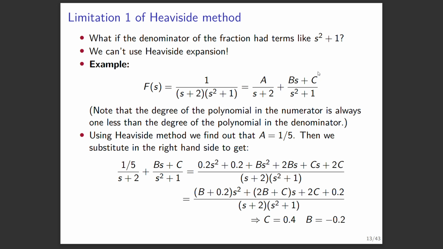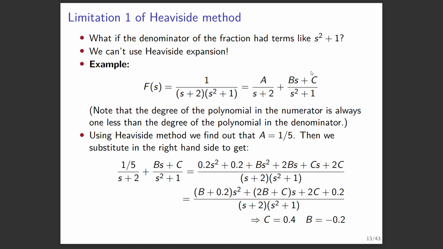Because now the denominator is a second order or second degree polynomial. So the numerator can have one less degree, which is first degree. So it could be bs plus c. Okay, so the Heaviside method cannot find b and c. It is limited. It doesn't have the ability to find b and c here.